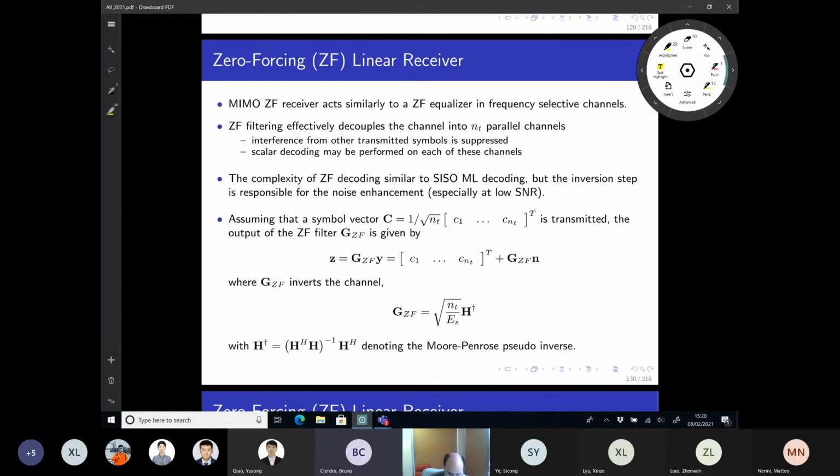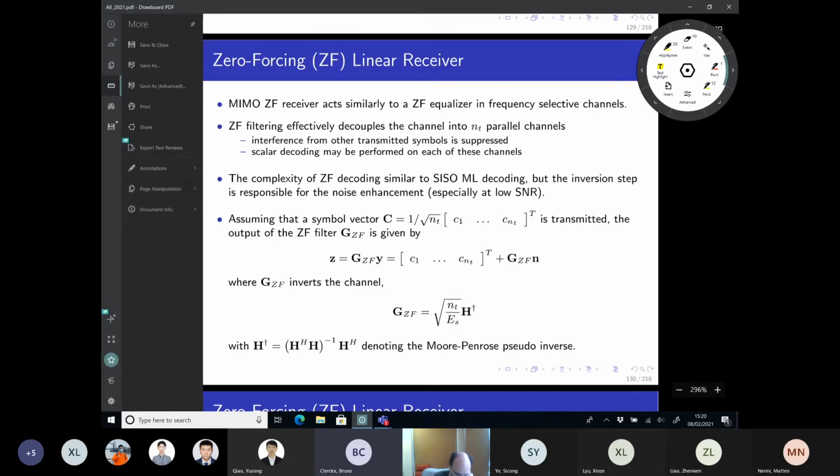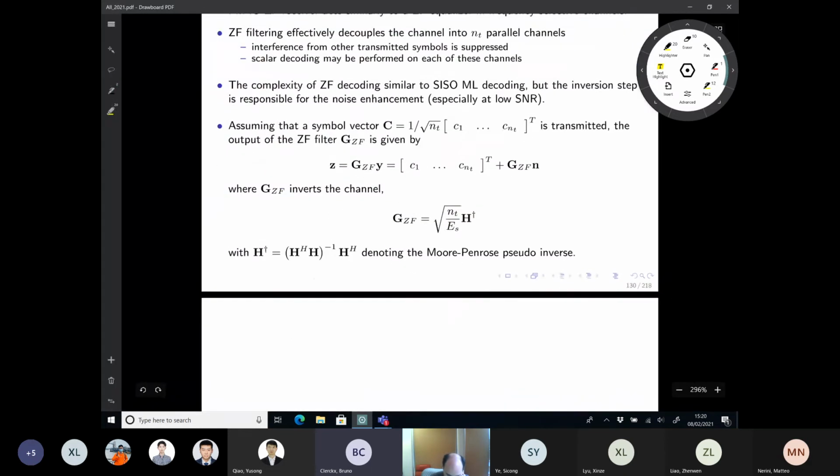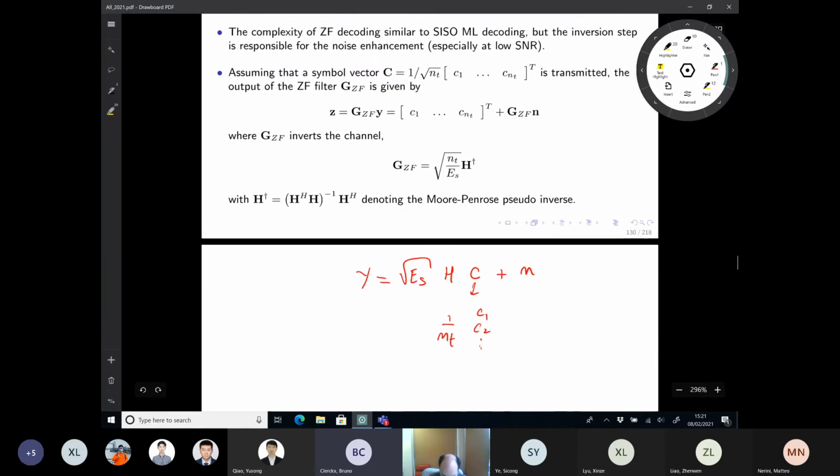I transmit my symbols, so let me write my system model here again. Right, I have y equal to H multiplied by a vector c plus some noise. And my vector c now is 1 divided by the square root of NT times c1, c2, all the way to cNT.